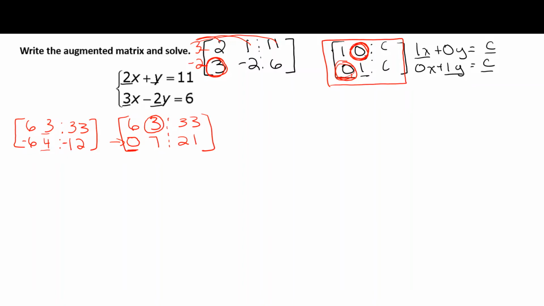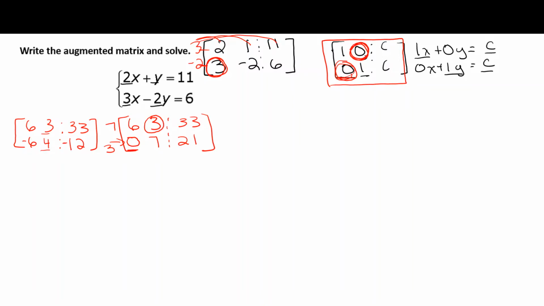Well, if this is a 21 and this is a negative 21, or the other way around, then I could add my 2 rows together and it would eliminate that 3 and it would become a 0. So I could multiply the top by, let's say, 7, and I could multiply the bottom by 3.